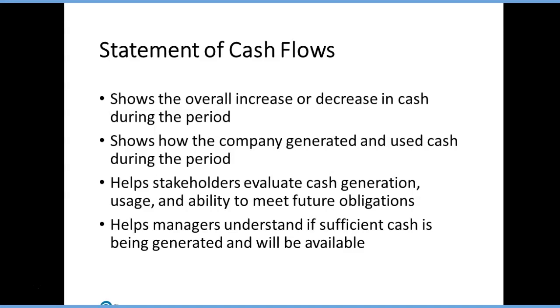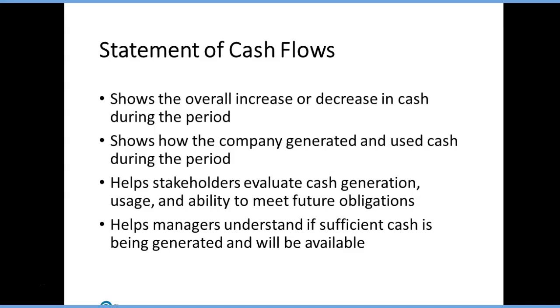We want to see the increase or decrease in cash over a period of time. We want to know how an organization uses cash during the period, and we want to also help others, external users particularly, see how the organization uses its money and how it generates cash, and see if there's any inability or ability to meet their financial obligations in the future.